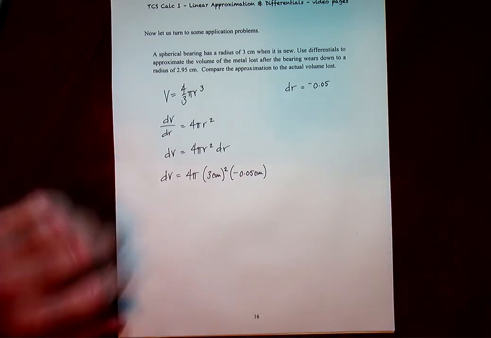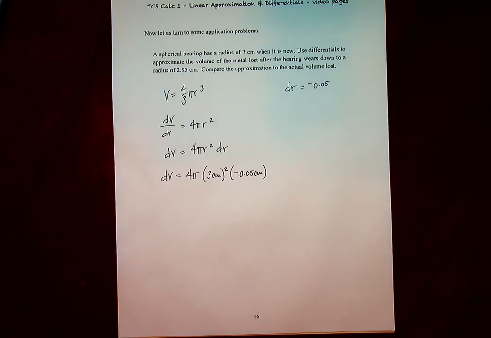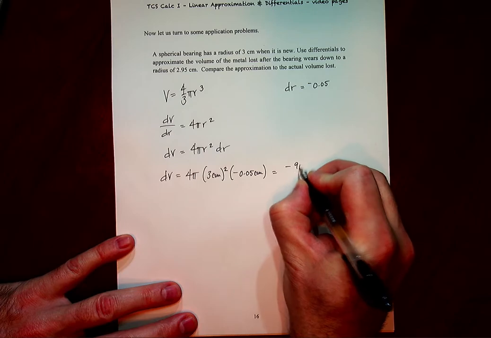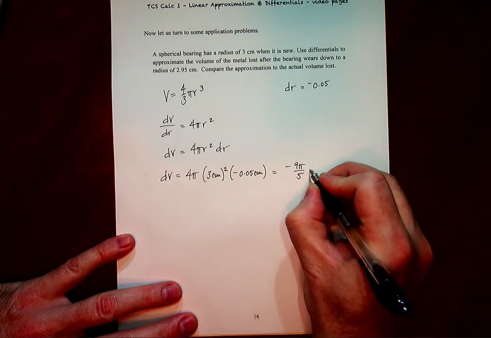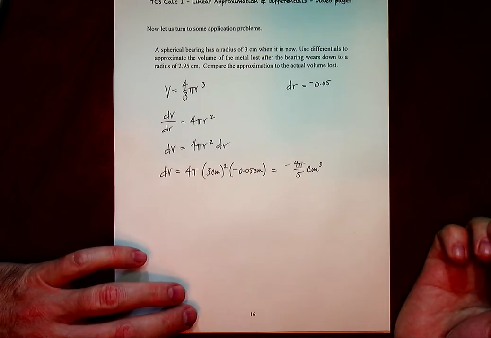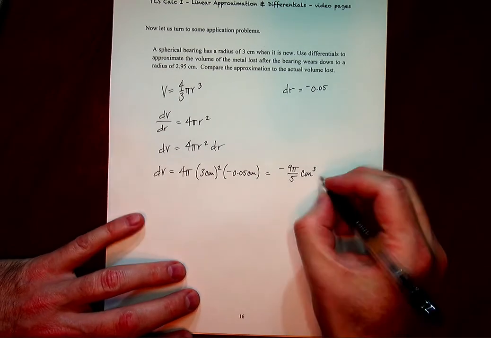Now 0.05 is 1/20th. So 4 times 1/20th is 4/20ths or 1/5. So what you're going to get here is negative 9 pi over 5 centimeters cubed, and that is going to be the approximate change in volume.